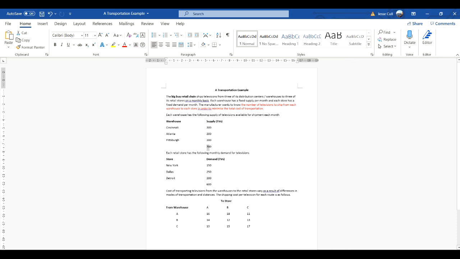There are a total of 700 TVs available each month. Each retail store has the following demand: 150 for New York, 250 in Dallas, 200 in Detroit. That's 600 TVs demanded. So we have 700 available and 600 demanded. Seems pretty straightforward so far.